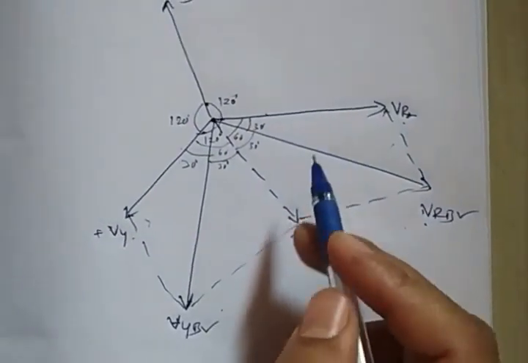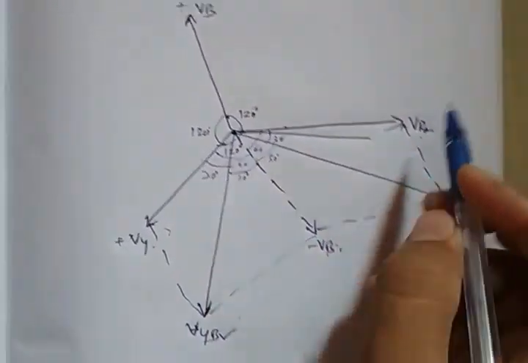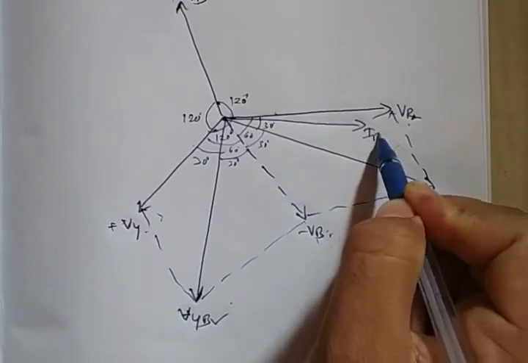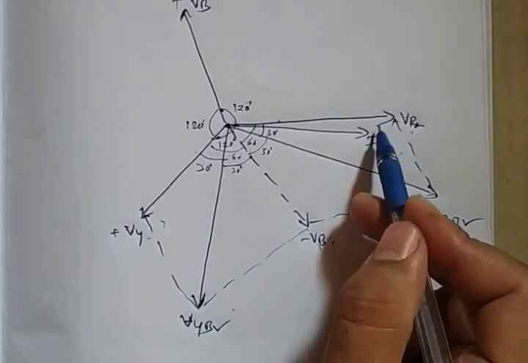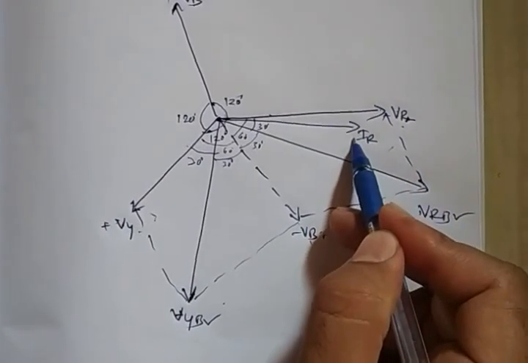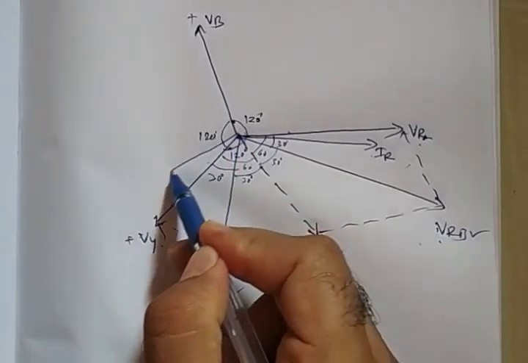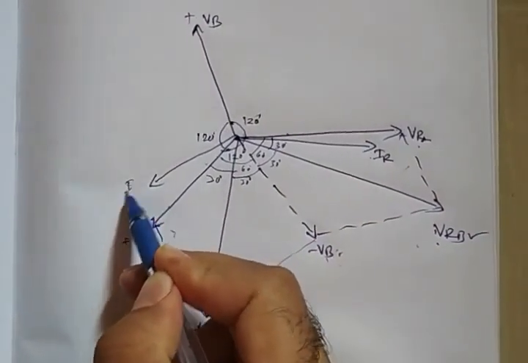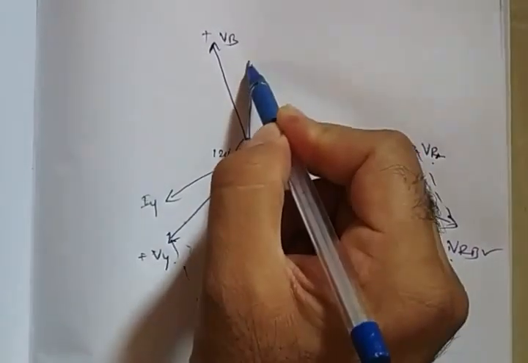So I will assume this is the IR. Remember I am assuming this is the IR, this is VR. So below the VR I am taking IR, then IY should come here, this is IY, and IB comes here. It's very important.